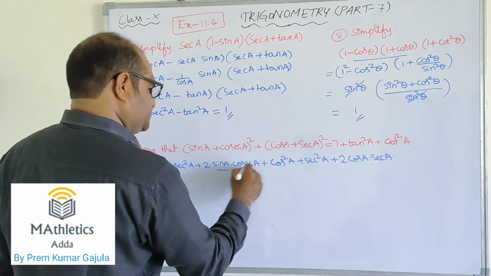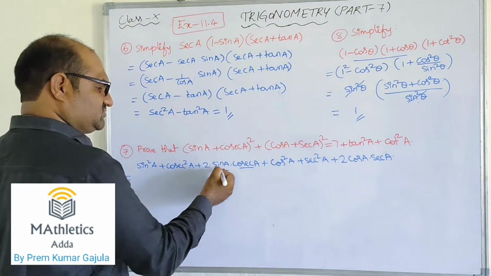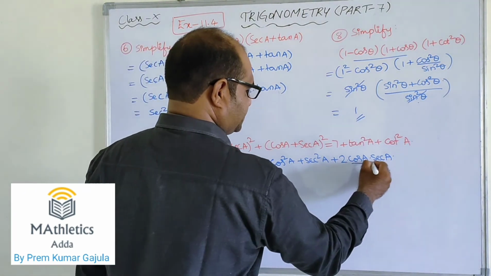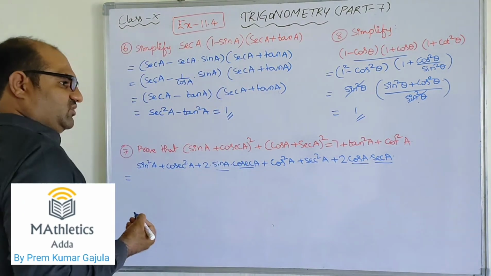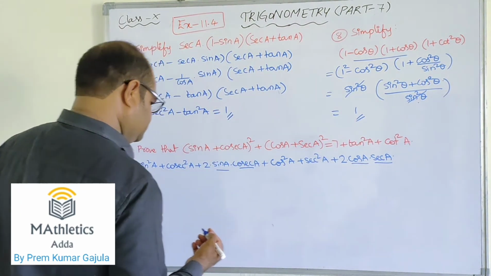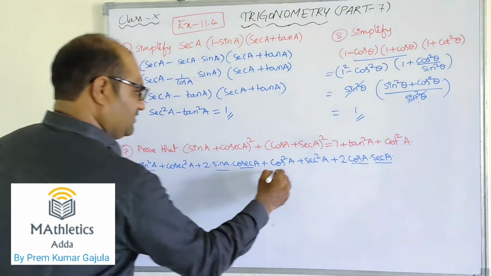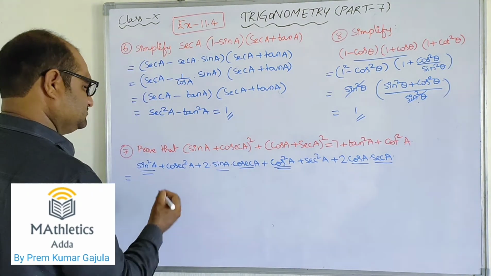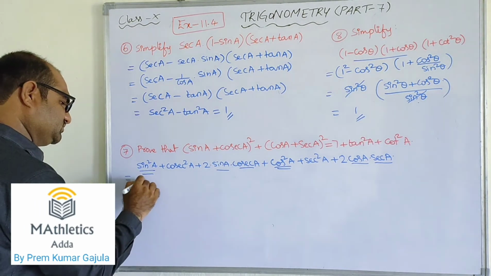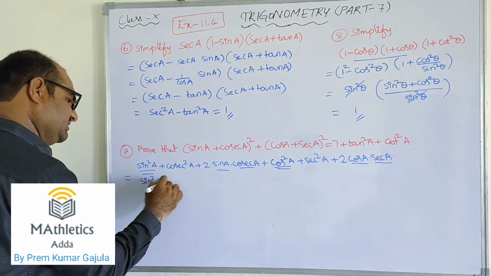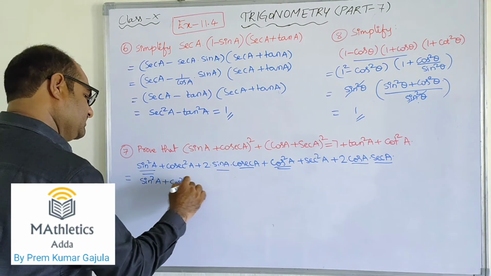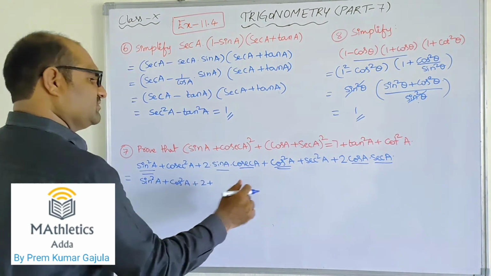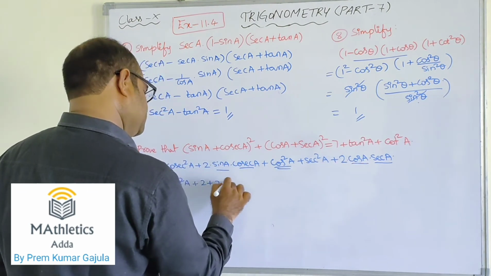This sin A and cosecant A are reciprocal, so if you multiply you will get the product as 1. And here also cos A and secant A are reciprocal, so if you multiply you will get 1. And here sin square A plus cos square A you will get as 1. So I am writing together these sin square A plus cos square A. Okay, and this you will get as 2 and this also you will get as 2, and what is left?